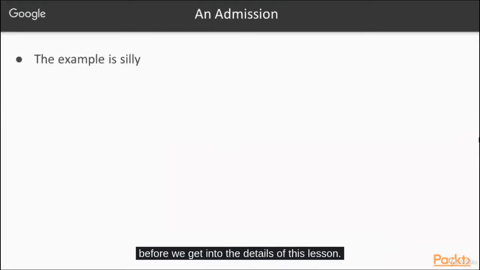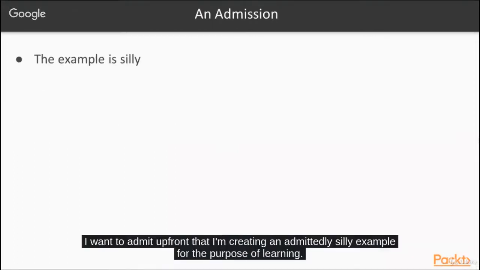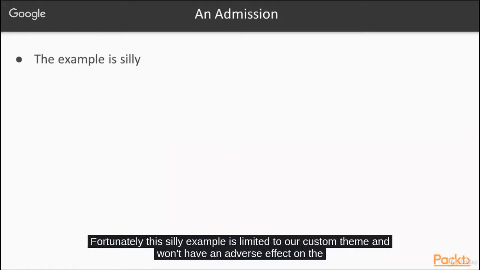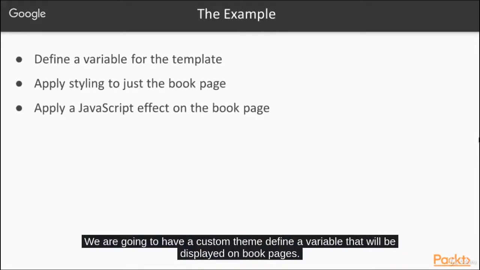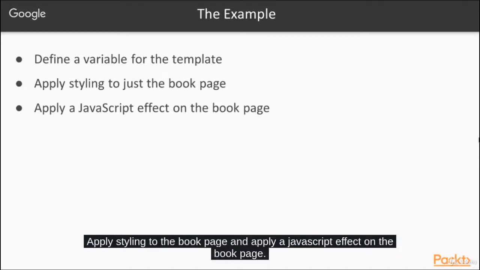Before we get into the details of this lesson, I want to admit up front that I'm creating an admittedly silly example for the purpose of learning. Fortunately, this silly example is limited to our custom theme and won't have an adverse effect on the site's functionality. We are going to have our custom theme define a variable that will be displayed on book pages, apply styling to the book page, and apply a JavaScript effect on the book page.